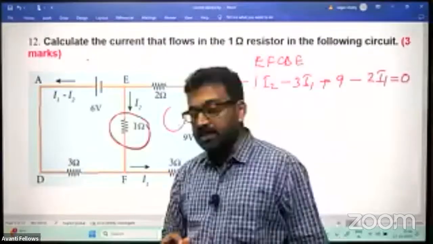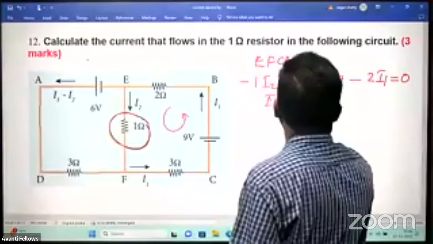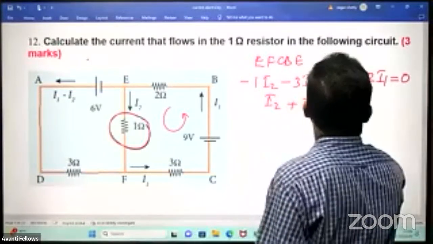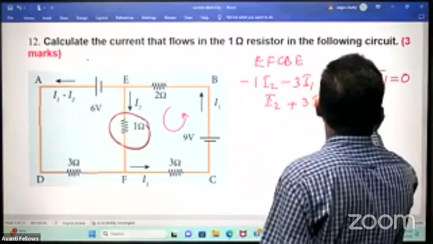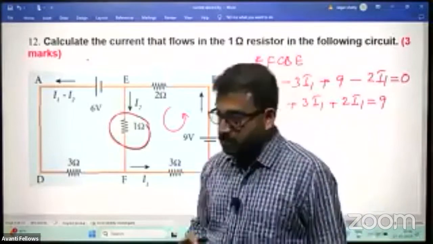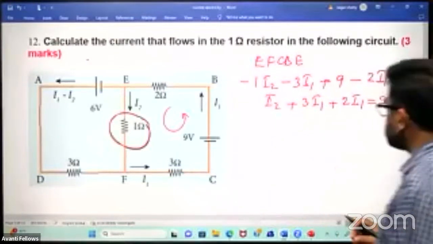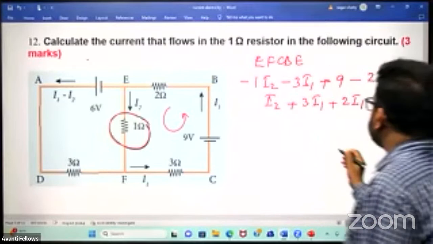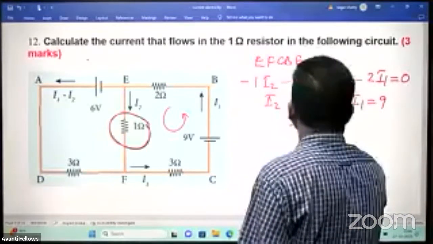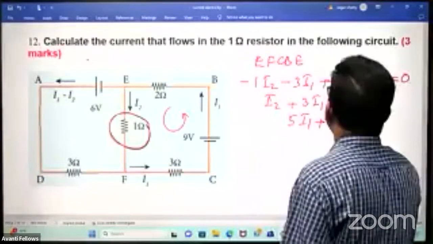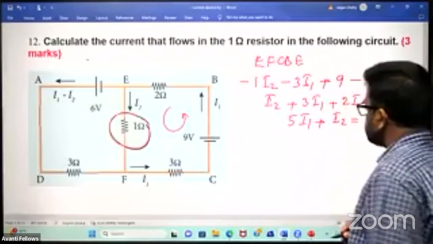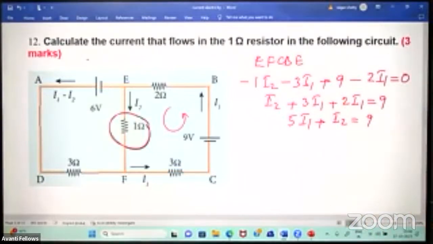This equation we can make as plus 3 I1 plus 2 I1 equals 9. That is 5 I1 plus I2. Very simple. 5 I1 plus I2 equals 9.